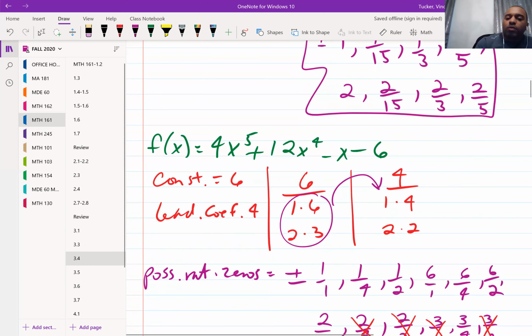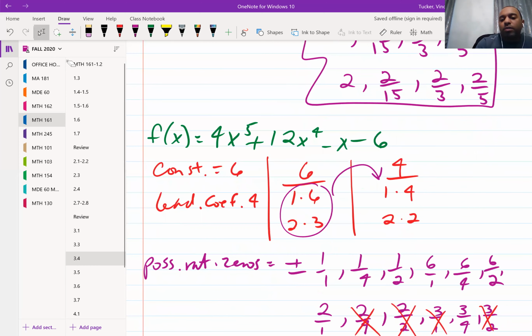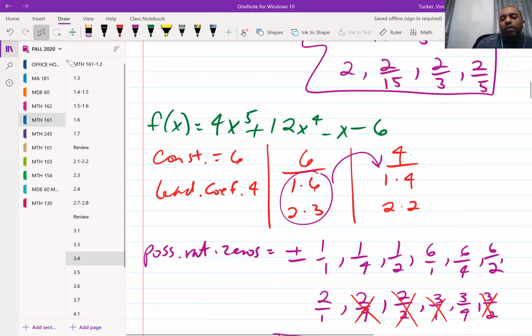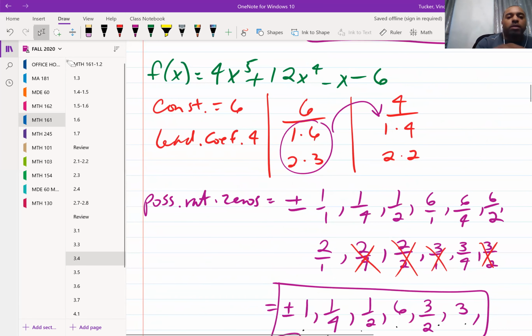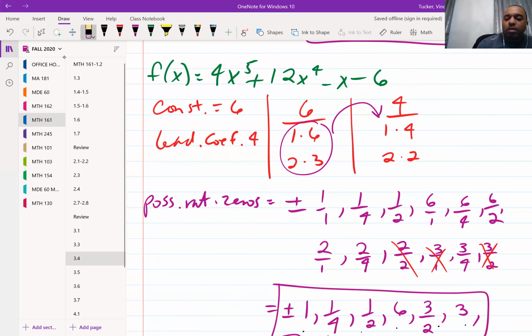So that's 1 over 1, 1 over 4, 1 over 2, 6 over 1, 6 over 4, 6 over 2. Then we have 2 over 1, 2 over 4, 2 over 2, 3 over 1, 3 over 4, 3 over 2.